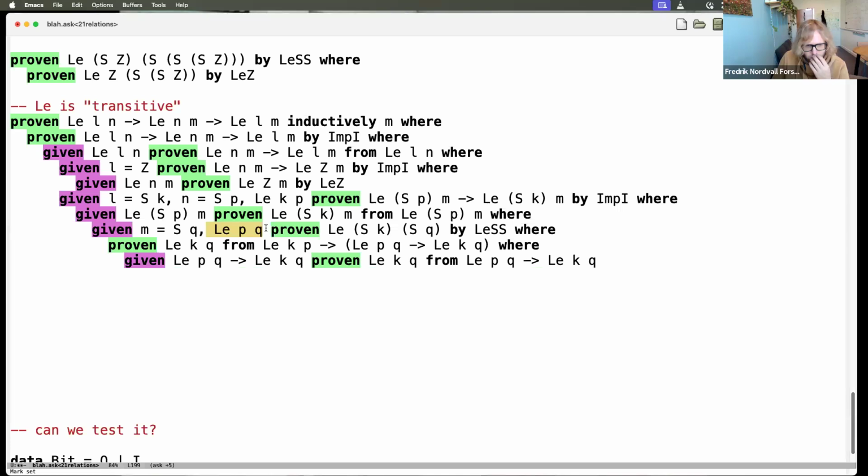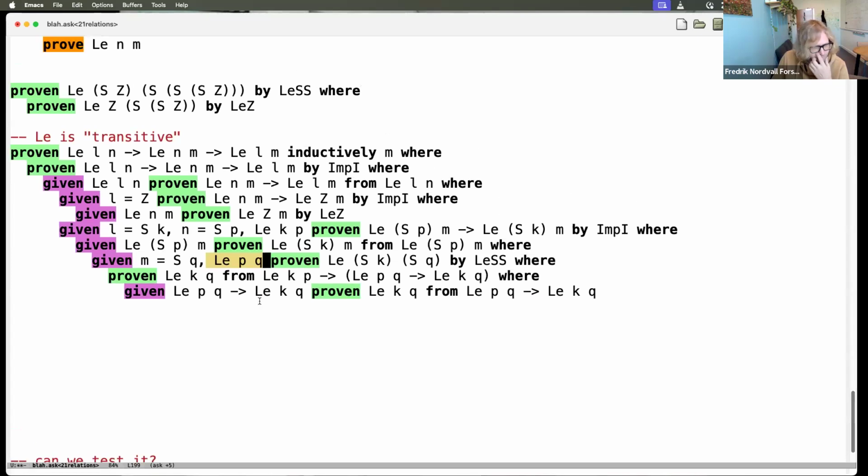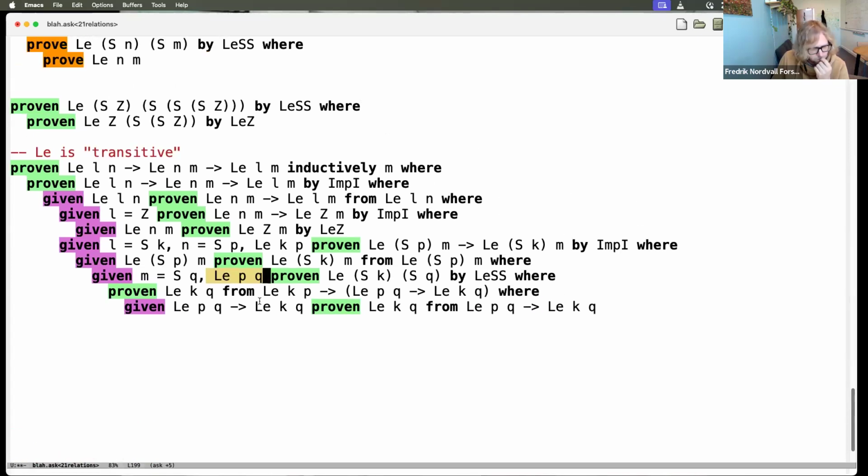So we have managed to prove that less than or equal is reflexive and transitive. Right. There is a special name for relations which are reflexive and transitive. These things are called preorders.